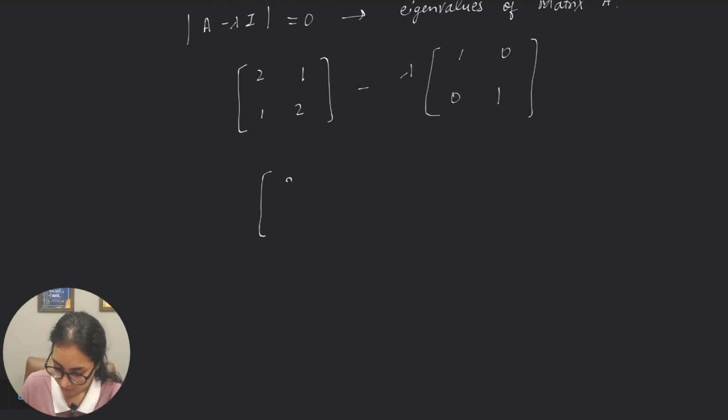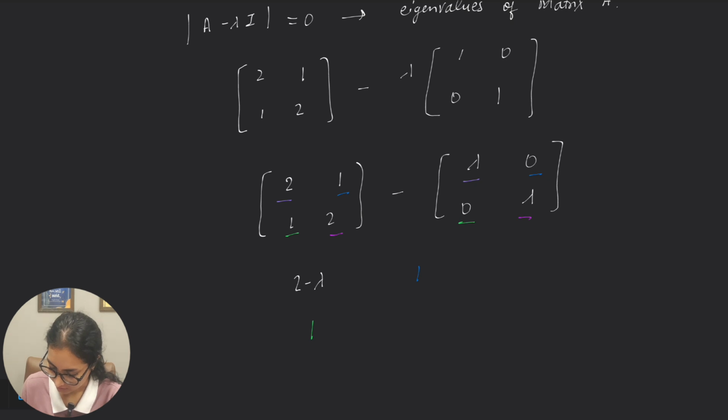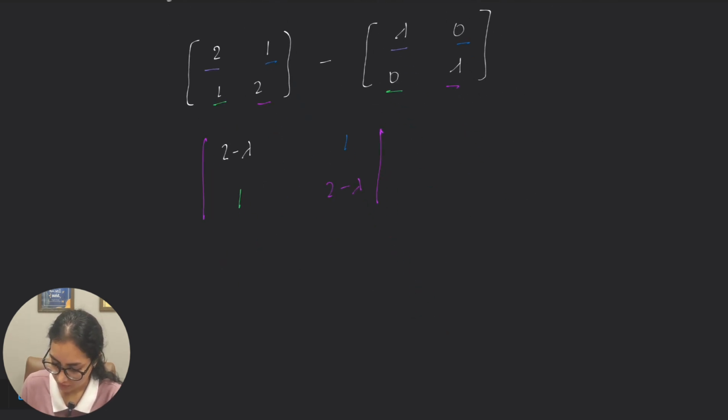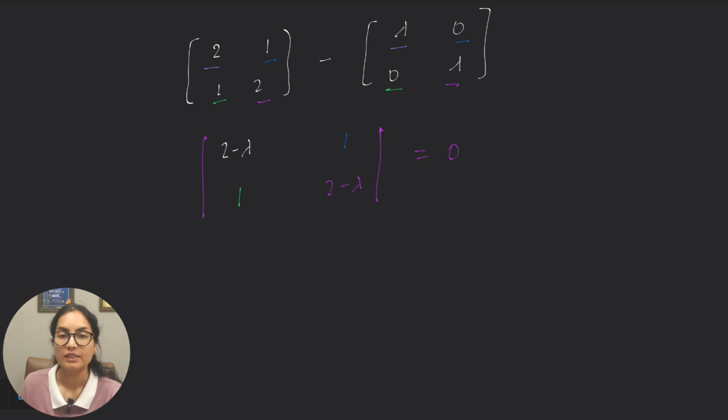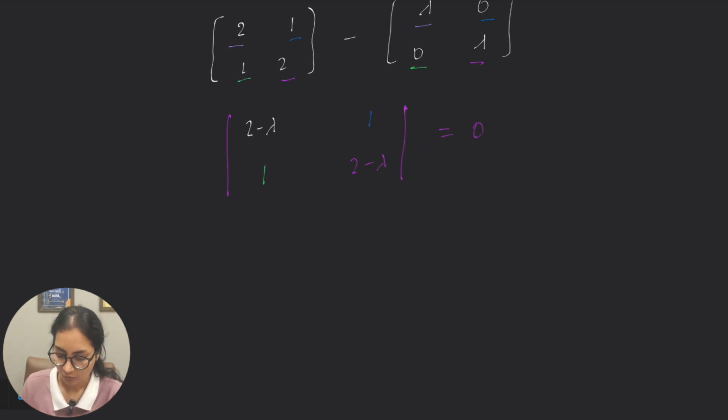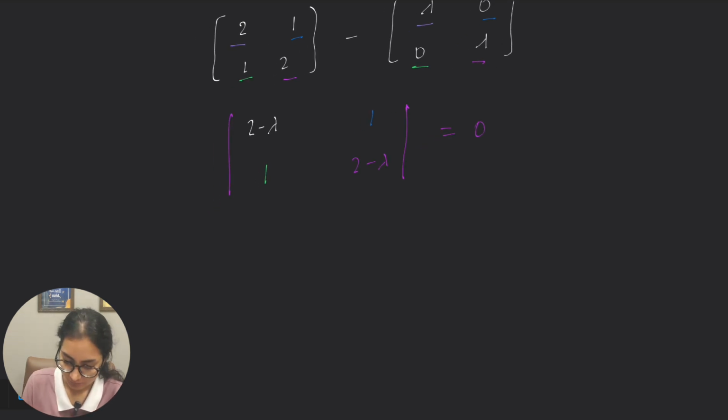This matrix will become 2, 1, 1, 2, and lambda gets multiplied with every number of the identity matrix, so this will become 2 minus lambda, then 1 minus 0 is 1, 1 minus 0 is again 1, and 2 minus lambda. The determinant of this matrix will give me the eigenvalues, and the eigenvalues are lambda here.